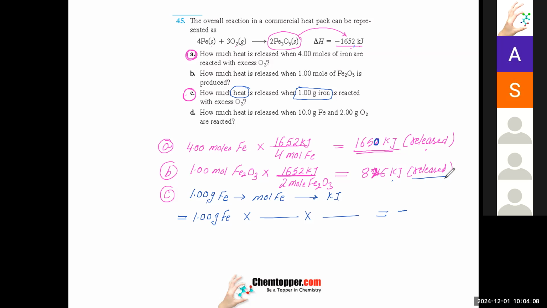Arnav, work out the answer. Children, pick up your calculator. I have written here. I have done the calculation. I'm speaking also.